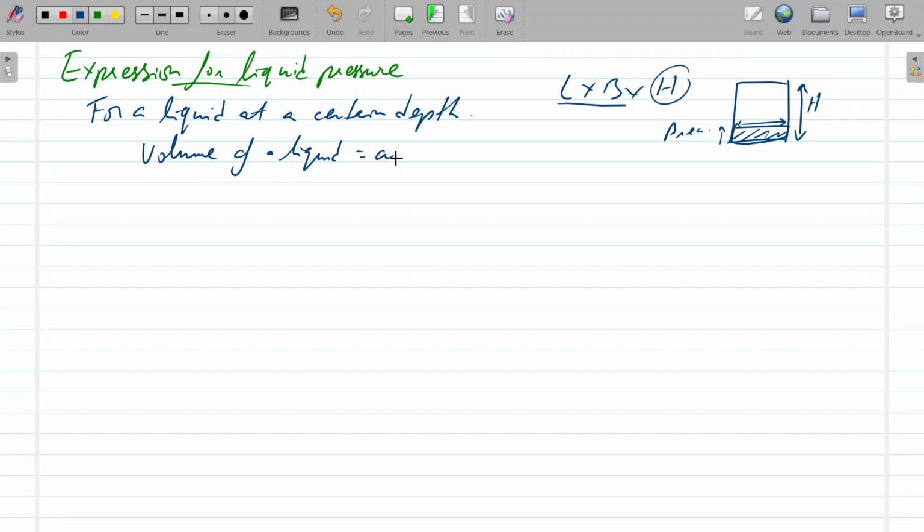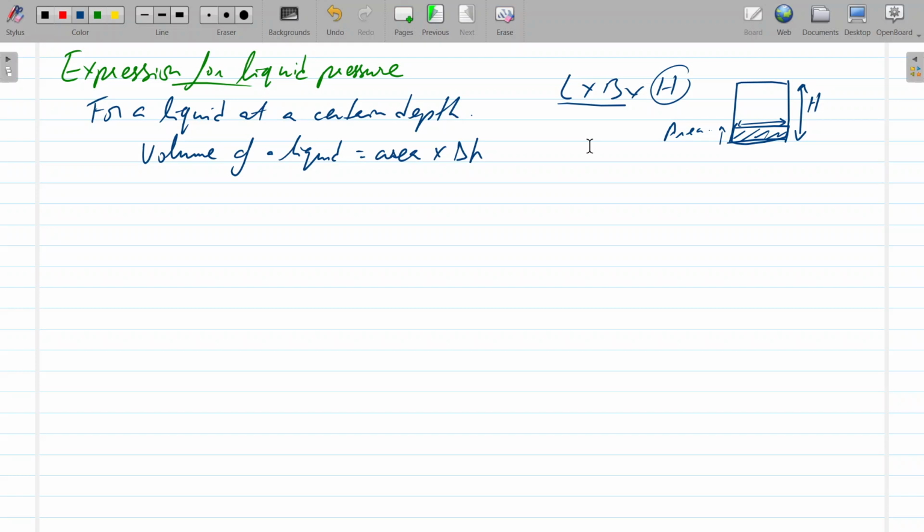So the volume of a liquid is the area multiplied by delta H for height. Why is it delta H? Because the deeper you go, the more height, the more depth, in fact, I shouldn't use the term height, but the more depth.